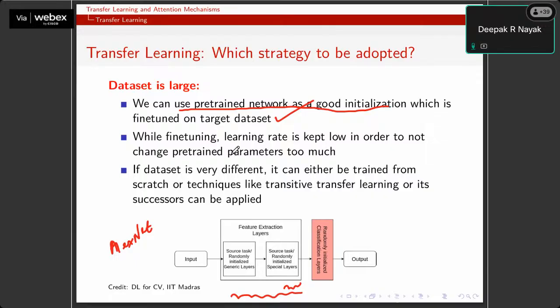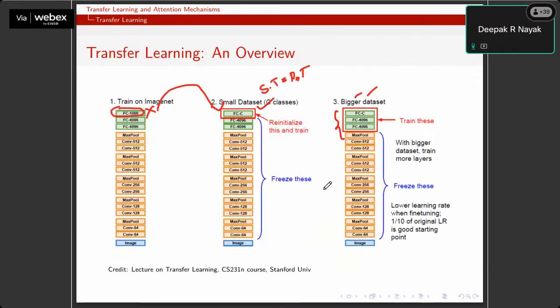Why should it be low? Because if the learning rate is high, the weights are going to change drastically, and we don't want to drastically change the weight values. We want to simply readjust the values so that they can be adapted to our problem statement.